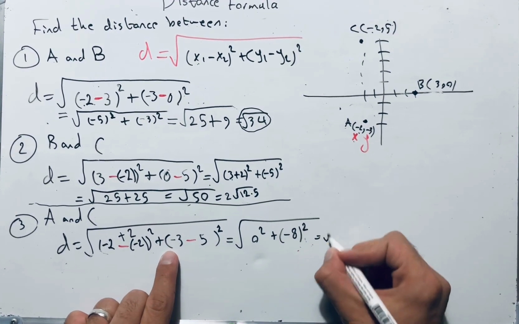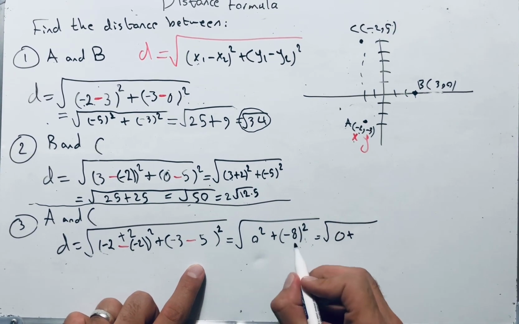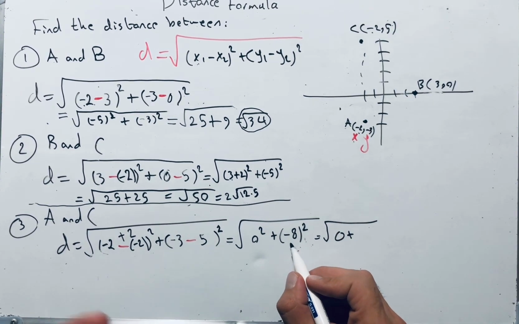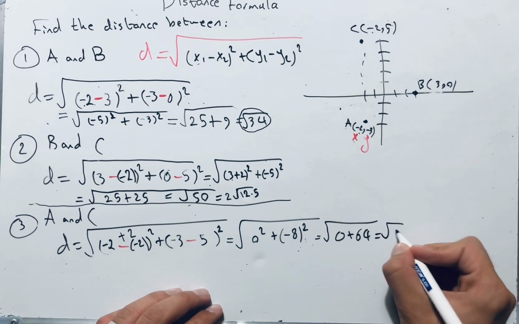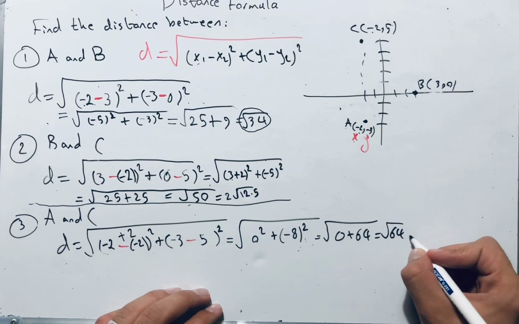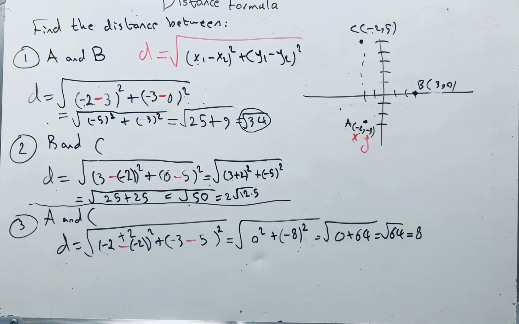So 0 squared is 0, 8 squared is 64. So it's the square root of 64. And again, we know 8 times 8 is 64, so it's just 8. So we found the distance between the 3 points.